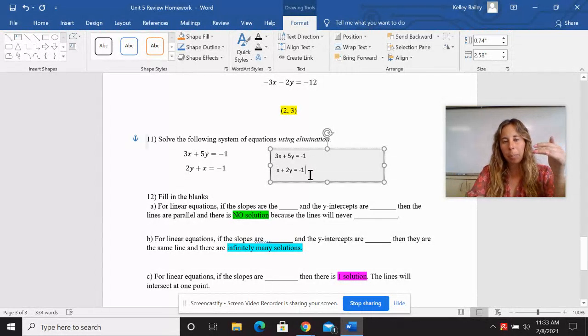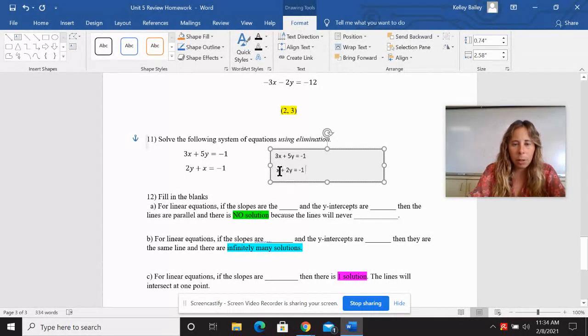Okay, next step. I have to have the same coefficient in order to eliminate. So I have 3x and x. Those aren't the same. I have 5y and 2y. Those are not the same. So I'm going to multiply this bottom equation by 3. Then I will be able to eliminate x.